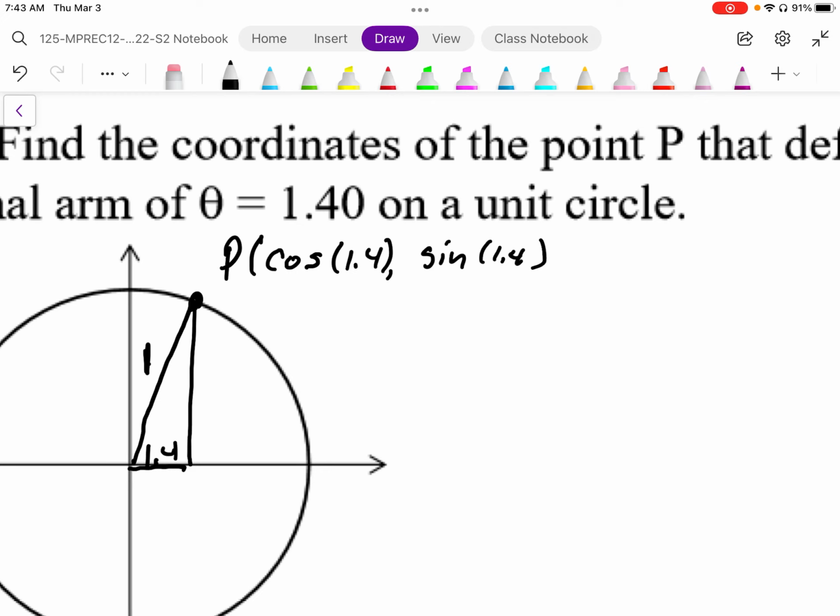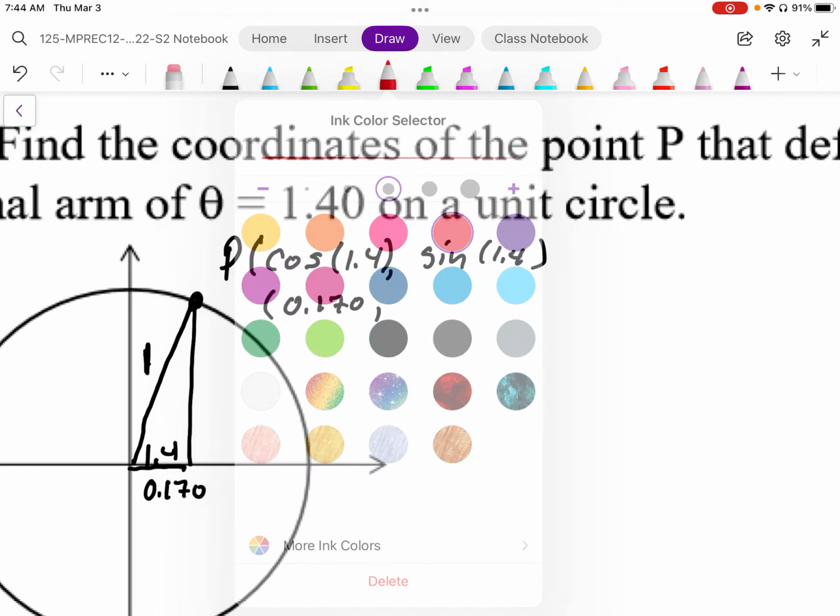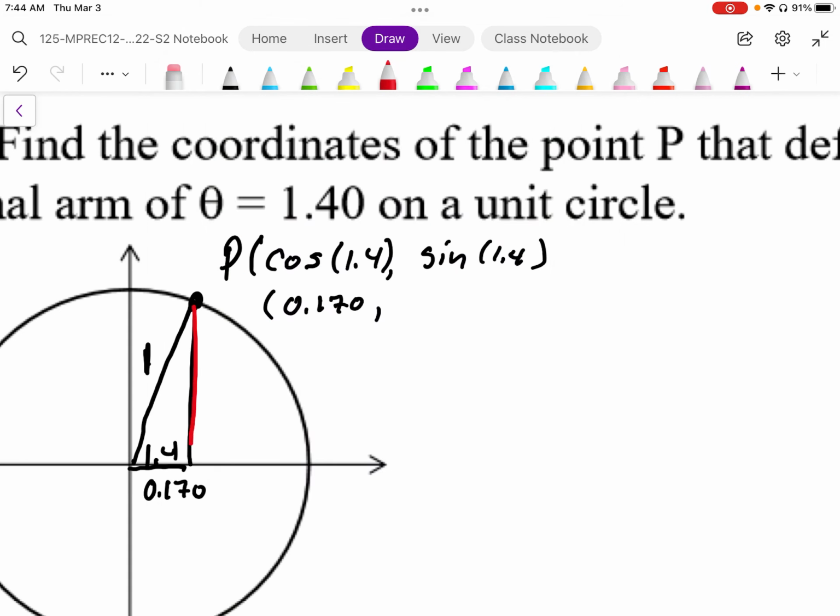Okay, so if I actually type this into my calculator, if I do cosine 1.4, I get that length is 0.170, so this horizontal length is 0.170. And then the vertical length, which I'll do in a different color here, the vertical length, which is that length there, is just going to be the sine value.